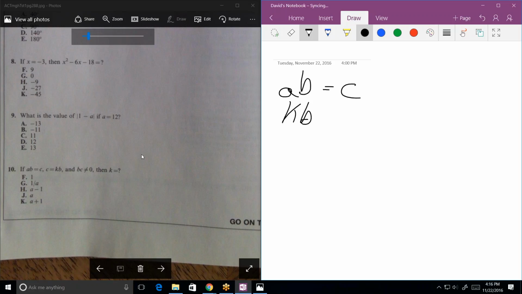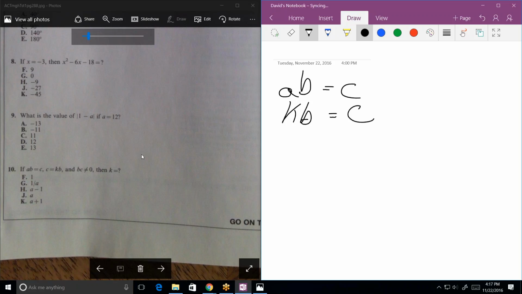Oh, this is simple. Solve this by substitution. If AB equals C and KB equals C, what's true about AB and KB?